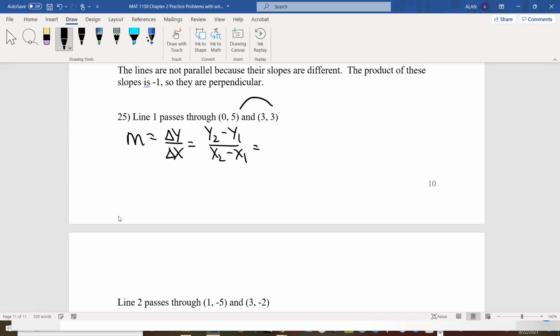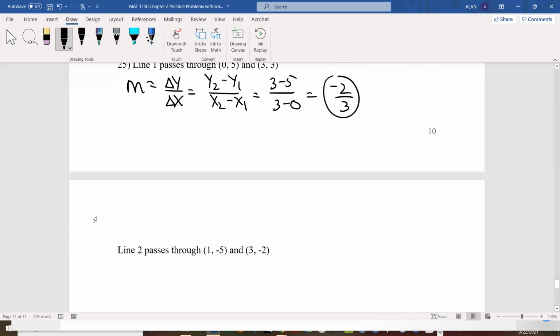All right, the difference in the y is 3 minus 5. The difference in the x is 3 minus 0. Minus 2/3. And the one directly below it. Let's see.